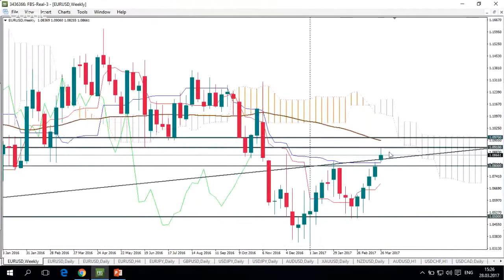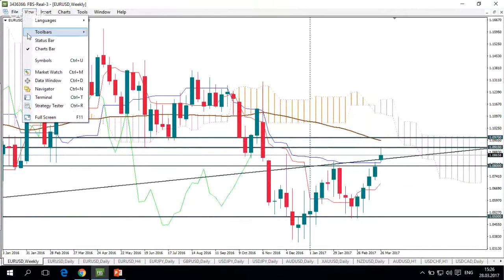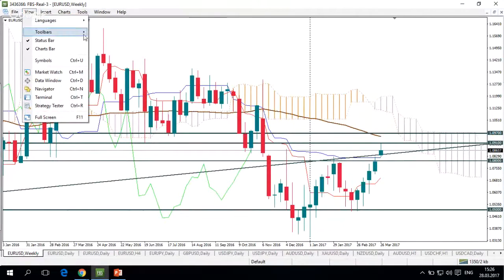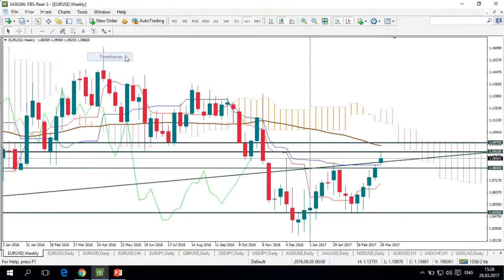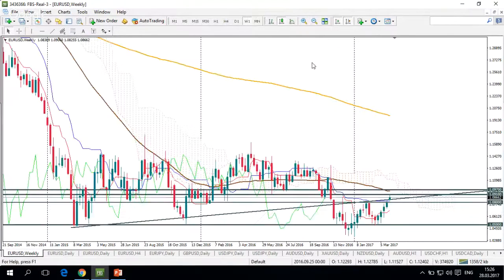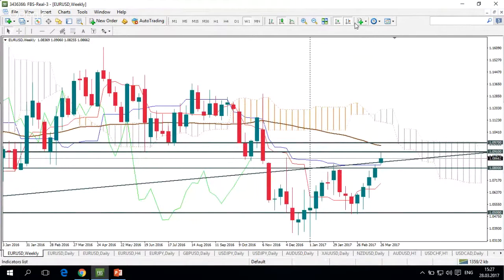So we are starting with euro dollar, and as usual with the weekly chart, to have a look at the currency's dynamics. There were two main bullish drivers of the single currency during the past week. The first driver was that political concerns in Europe have declined a bit.